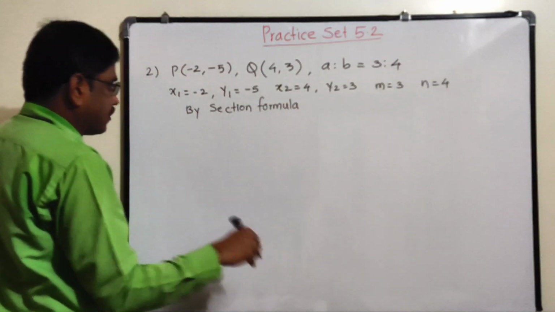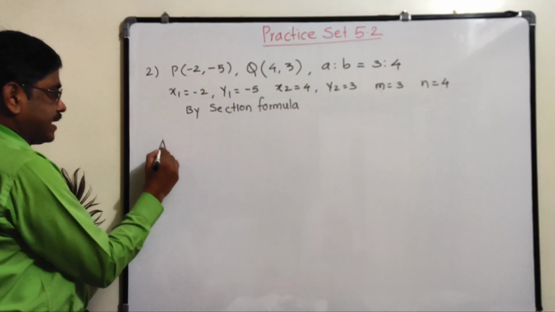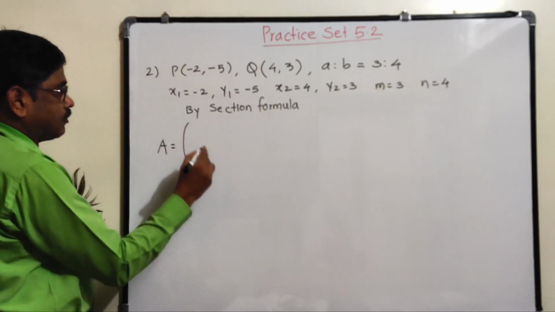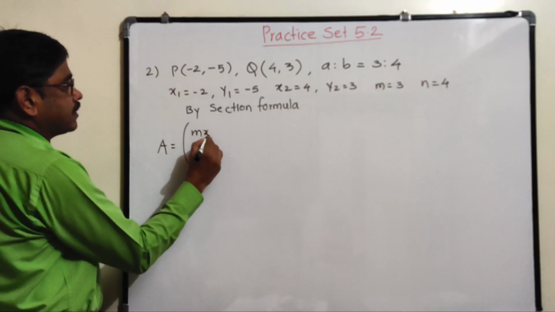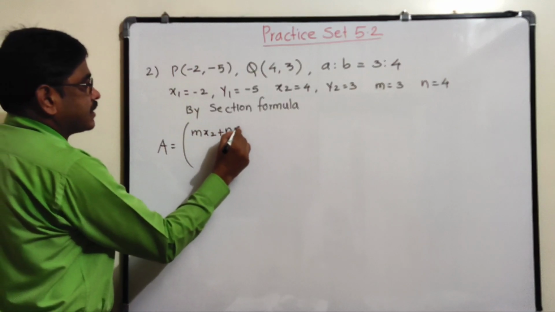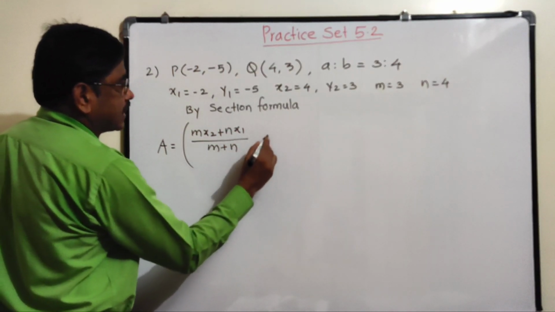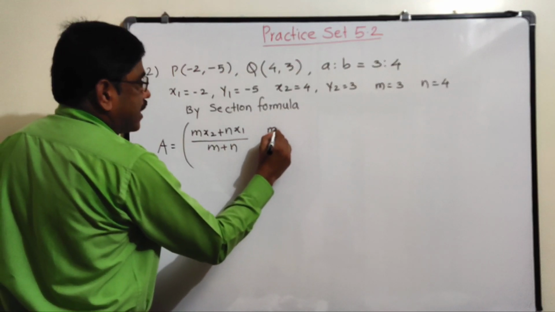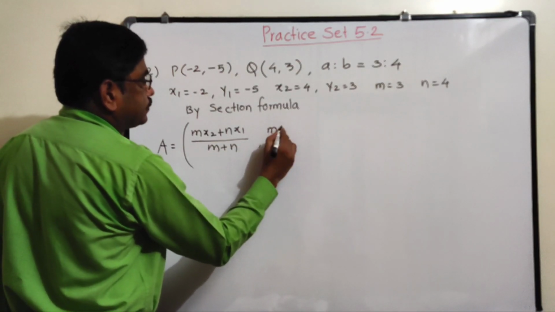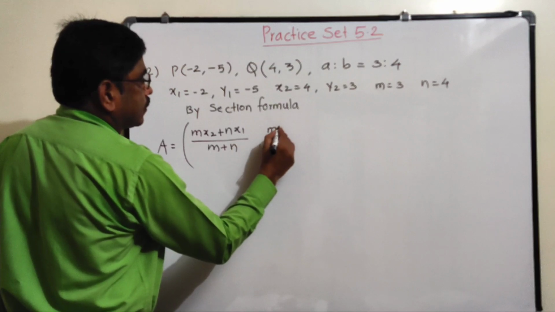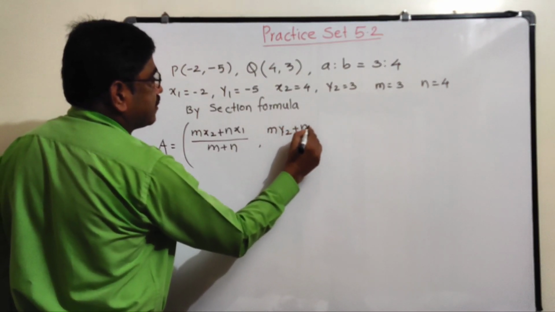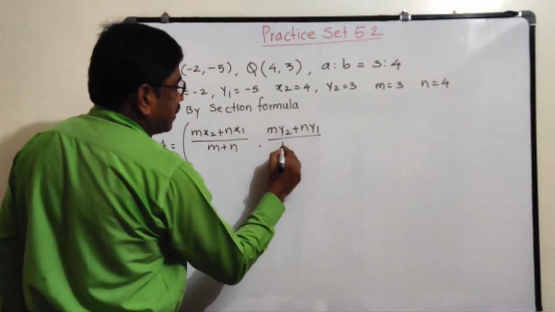By section formula, the coordinates of A: write the formula (m x2 plus n x1) divided by (m plus n). Second one, (m y2 plus n y1) divided by (m plus n).